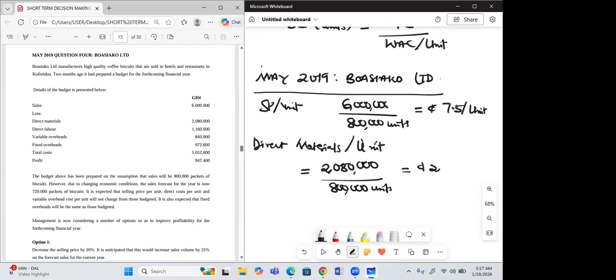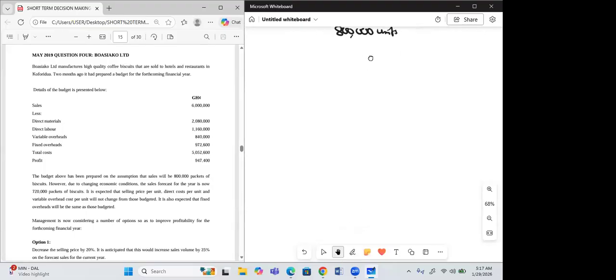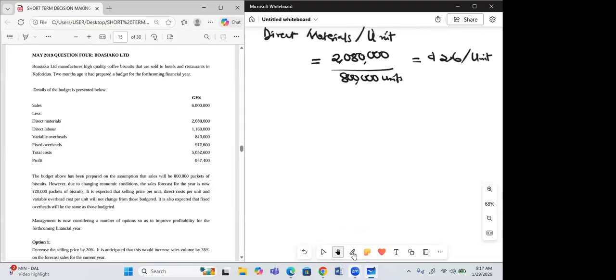Direct labor, 1,160,000 over 800,000 per unit. Do the same for labor. 1.45.